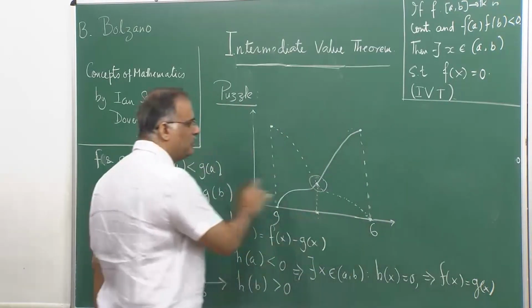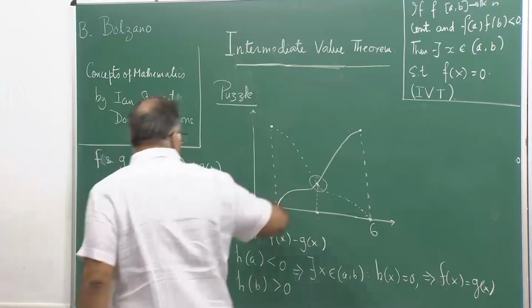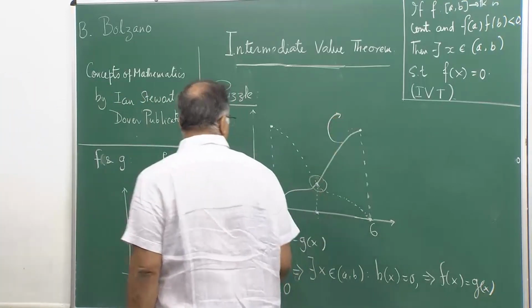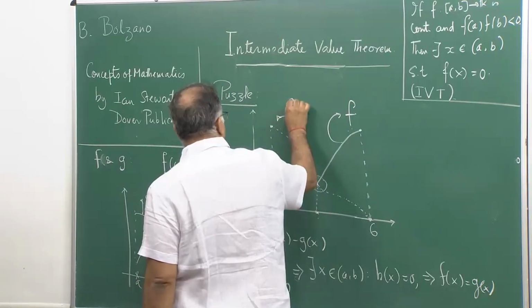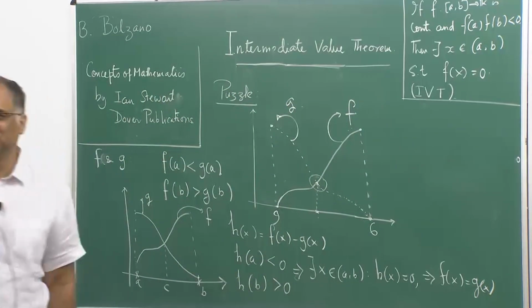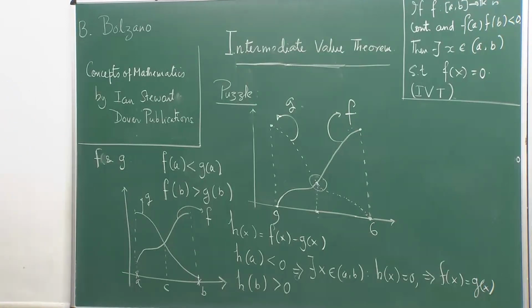And that is exactly the solution to this puzzle, because while going up the mountain profile would look as f, while going down the mountain profile would look as g. So, there are many ways to view this simple thing.